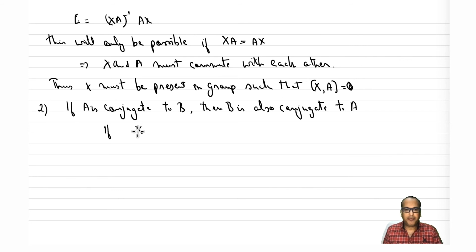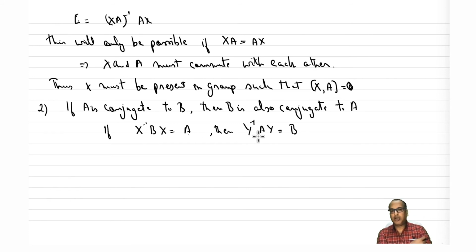If we have X inverse B X is equal to A, then we must have an element Y such that Y inverse A Y is equal to B. So we are saying that if A is conjugate to B, then B must be conjugate to A, where A, B, X and Y are all elements of a group, right?